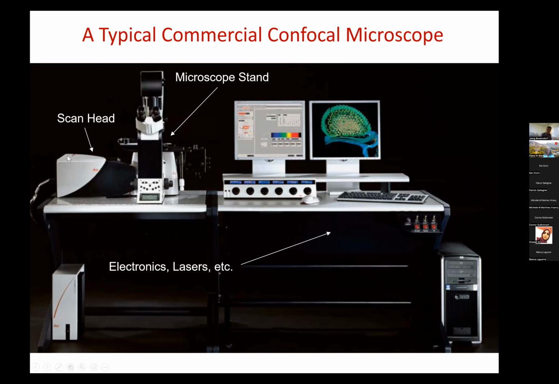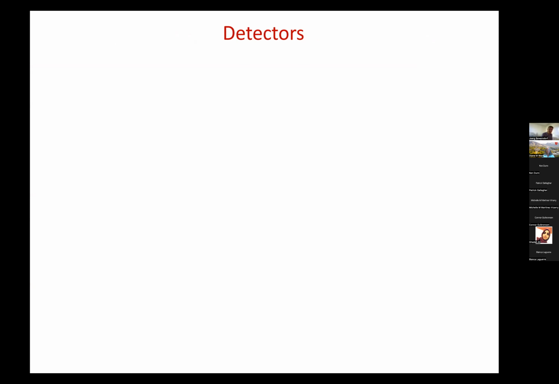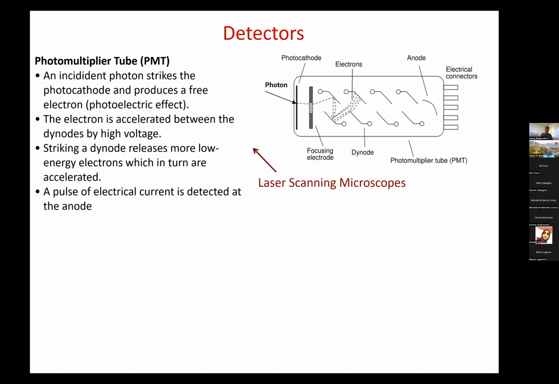So now let's have a closer look. Talk about a few technical details here, and then we have a closer look into the scanner itself. The 2 most important elements of a laser scanning microscope are the detectors and the light sources. The detectors, there are 2 kinds.